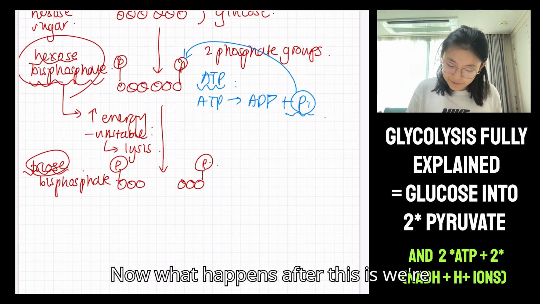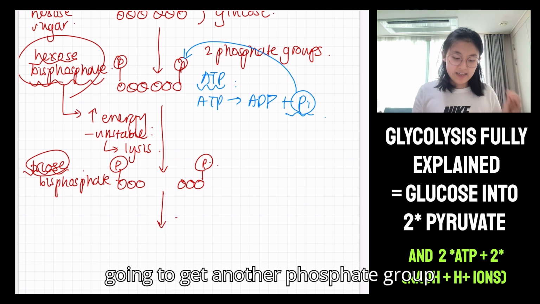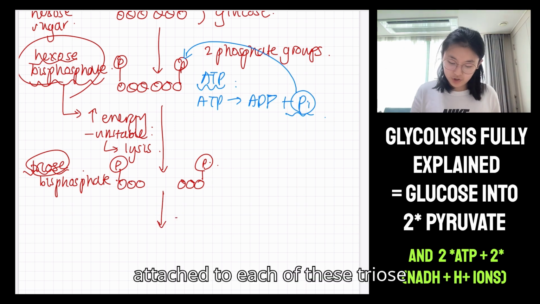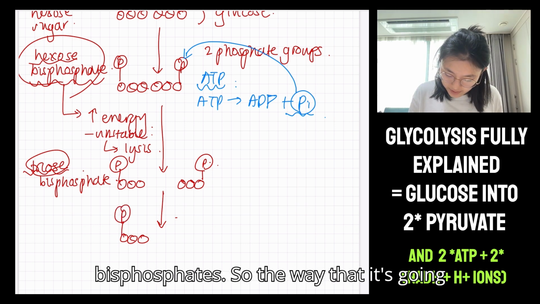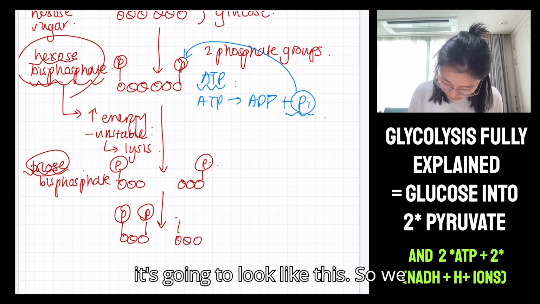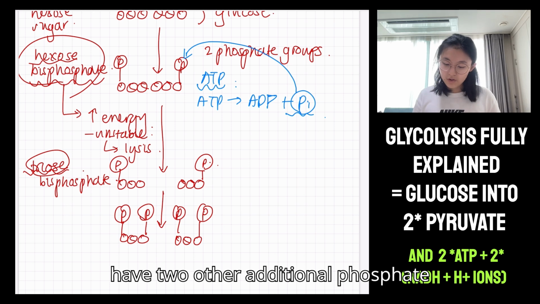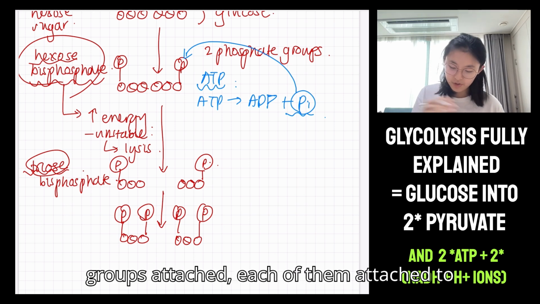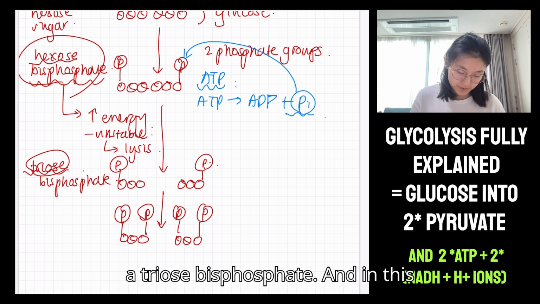Now, what happens after this is we're going to get another phosphate group attached to each of these triose bisphosphates. So the way that it's going to look is like this. We have 2 additional phosphate groups attached, each of them attached to a triose bisphosphate.